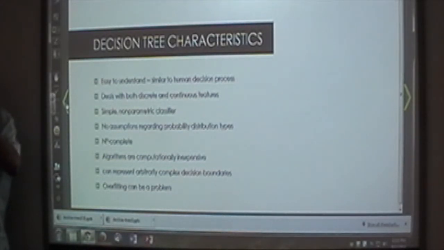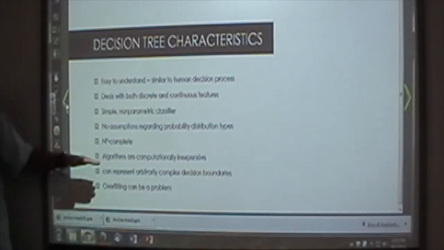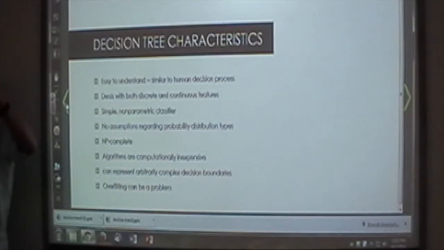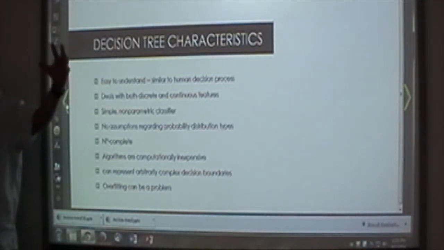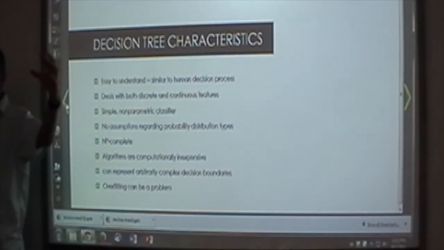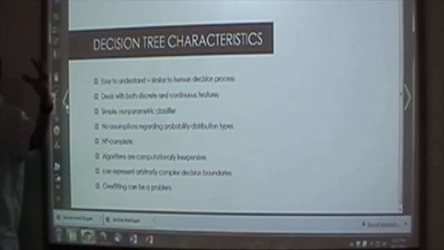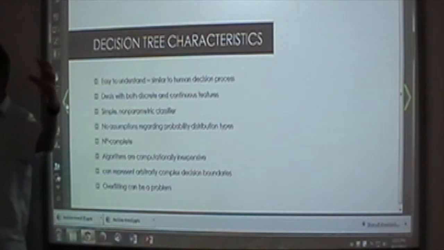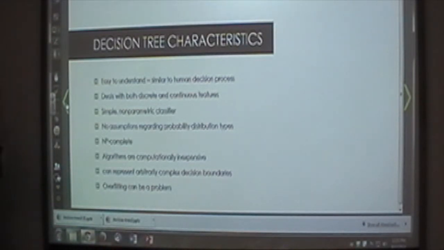Basically, we saw early on that NP is non-polynomial time: the number of trees for a large number of attributes grows very rapidly. It grows factorially, if you try to determine all the possible trees.